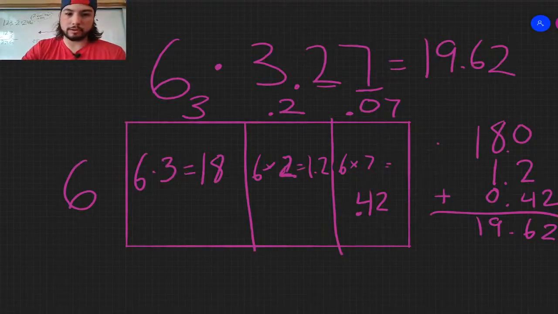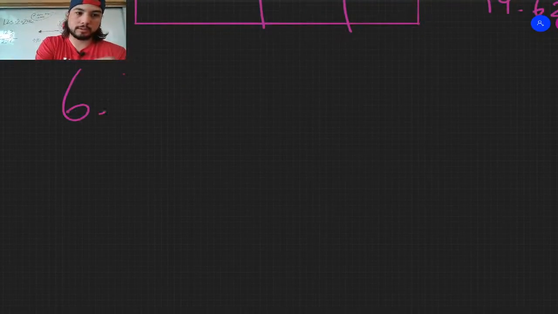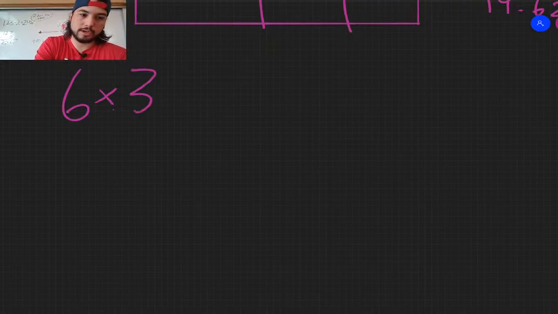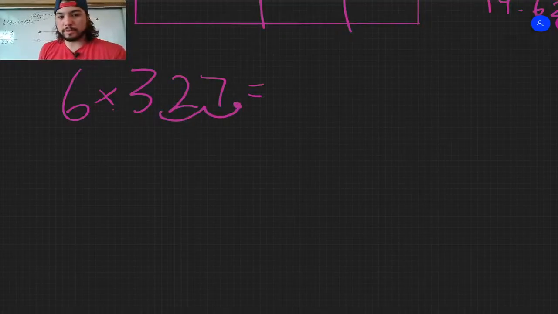For your standard algorithm fuddy-duddies, this might be easier. So we have 6 times 3 and 27 hundredths. In order to get this multiplication equation into whole numbers, so we can think about it easier, we've got to move our decimal point 2 places to the right, or essentially move our number 2 places to the left.